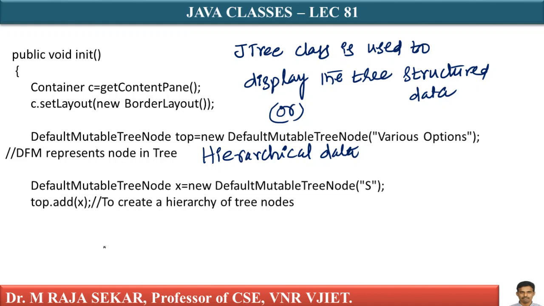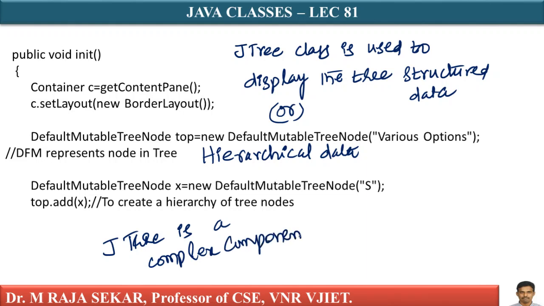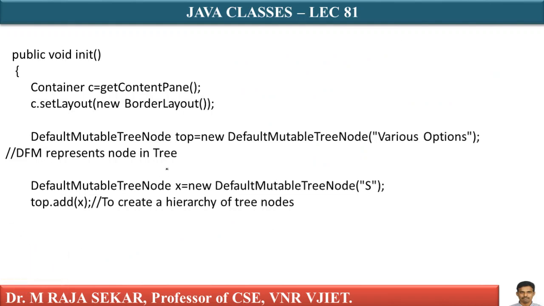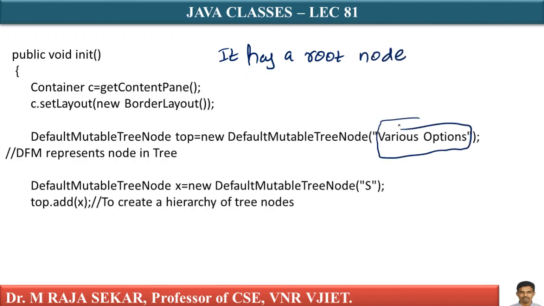JTree is a complex component. Basically, it is a complex component. It has a root node. Tree means it must have some root node. What is the root node in this program? This one, Various Options, is the root node.